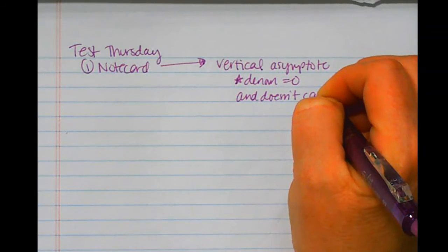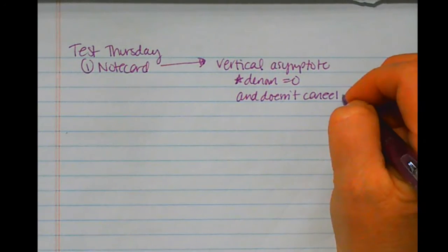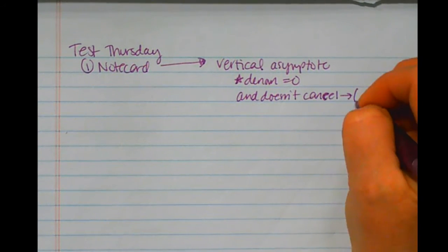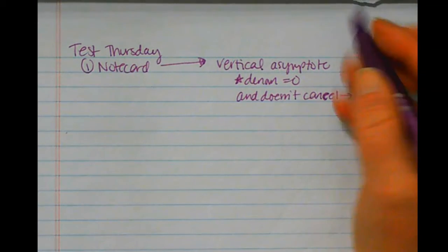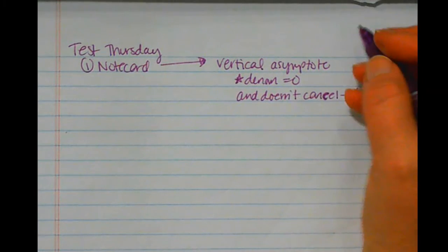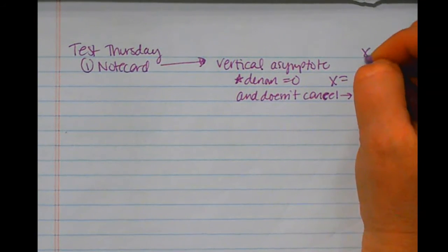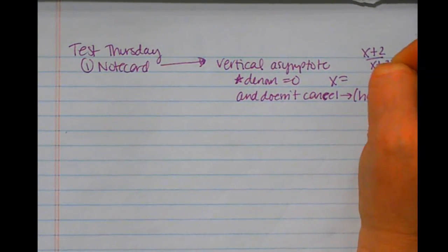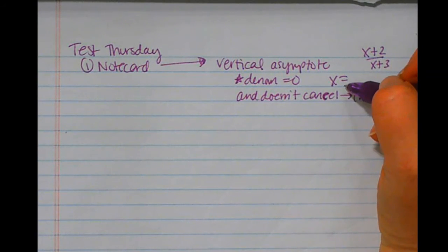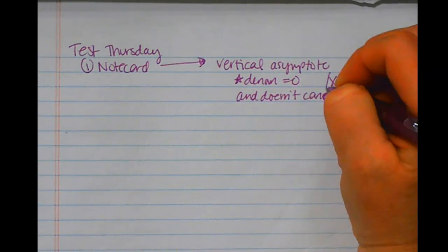What do we call it if it cancels? Because that's a hole. So the denominator equals 0, and we write those as x equals something. Like if we had x plus 2 over x plus 3, our vertical asymptote would be x equals negative 3.